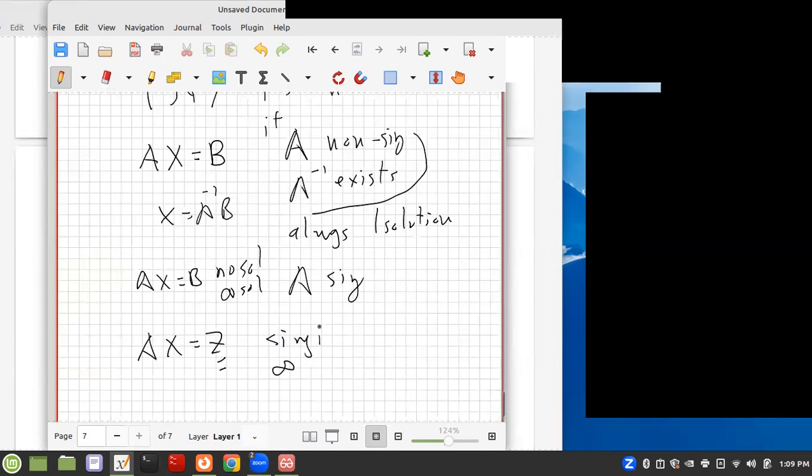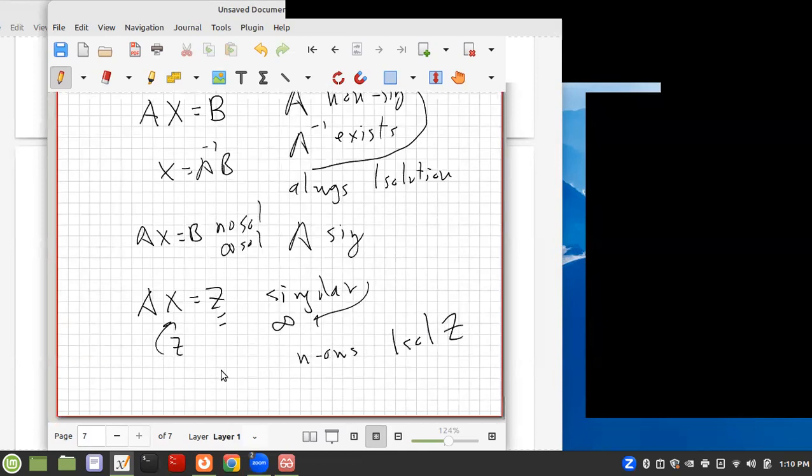Zero is always a solution. So if it's homogeneous, we always have a solution. If it's singular, we're going to have an infinite number of solutions. If it's non-singular, we're going to have one solution, namely zero, because I could solve by saying X equals A inverse zero, which equals zero.